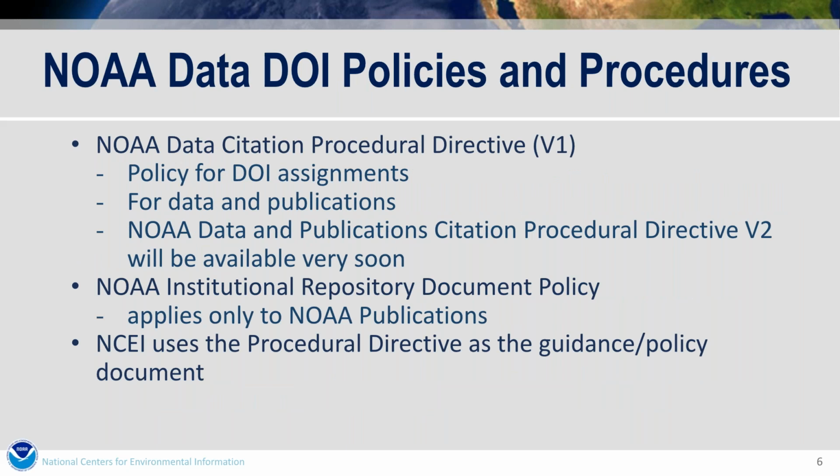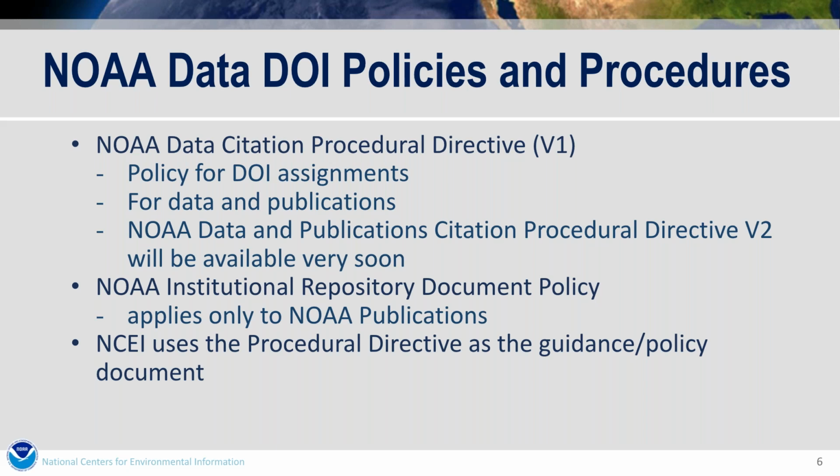So I mentioned earlier, there's the version 1 of the Data Citation Procedural Directive that's in force across all of NOAA. This is where we get our policy guidance. It talks about both data and publications. The version 2 has some new and improved ways of defining how we're going to implement DOIs in both publications and data, and that'll be out very soon.